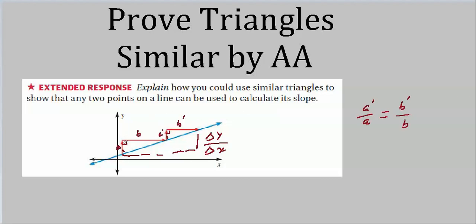I drew in some labels here. Let's call this vertical part of our triangle A, and this horizontal line is B. Our other similar triangle, A prime and B prime. Now our slope is going to be A over B, or A prime over B prime.